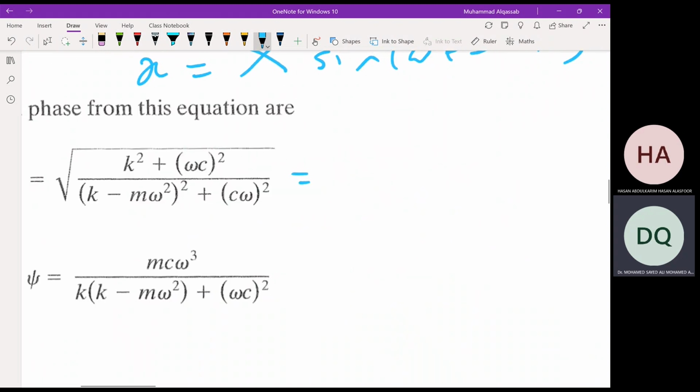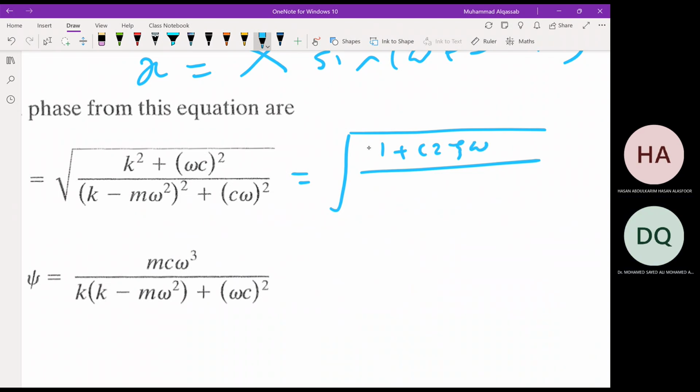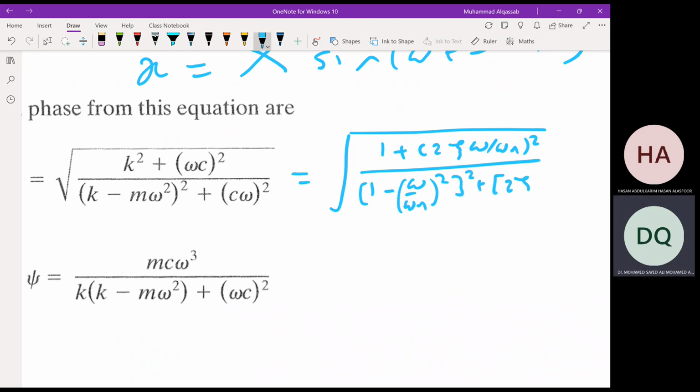And you can also get this in dimensionless form, which is 1 plus (2 zeta omega over omega n) squared, divided by (1 minus (omega over omega n) squared) squared plus (2 zeta omega over omega n) squared.